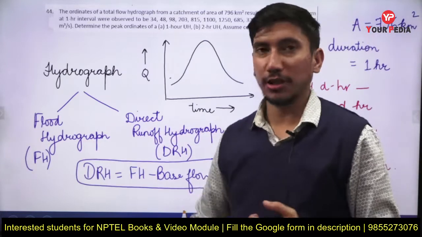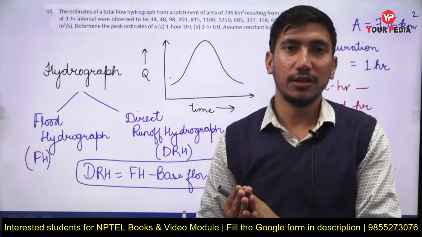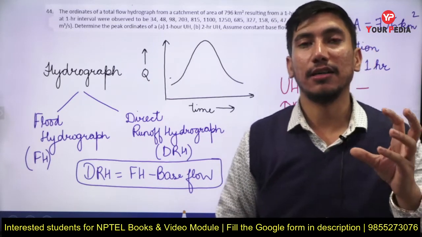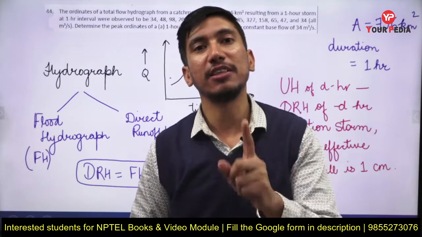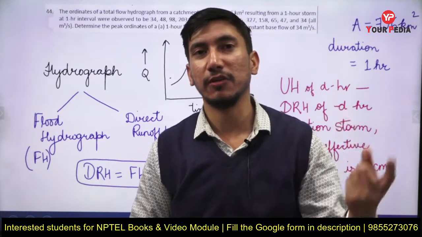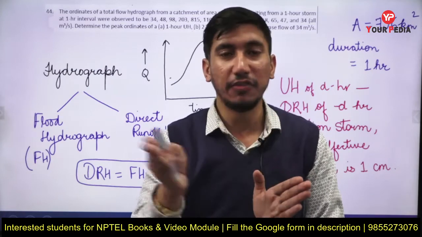In a flood hydrograph, we take into consideration the total flow that is reaching the outlet of the catchment. This will contain a direct runoff and also a component of base flow. This base flow is independent of the amount of rainfall that is happening. It is constant and it is coming every time.